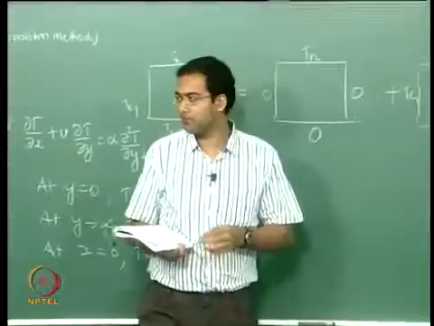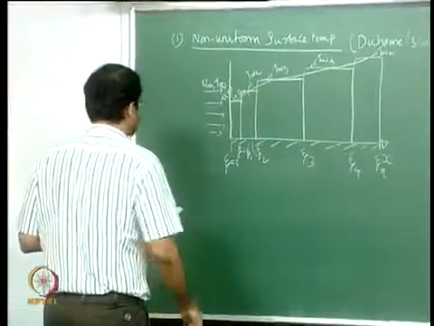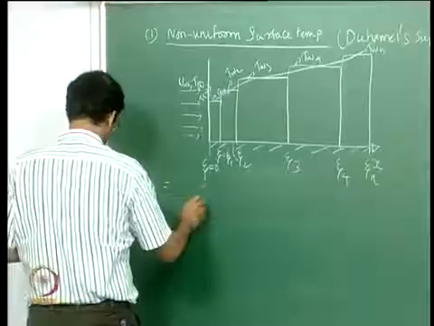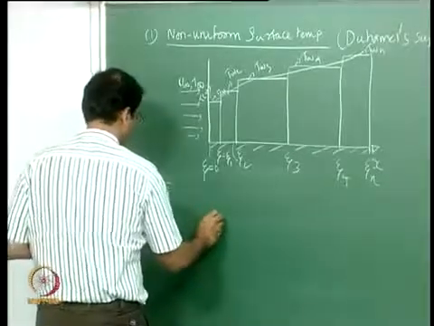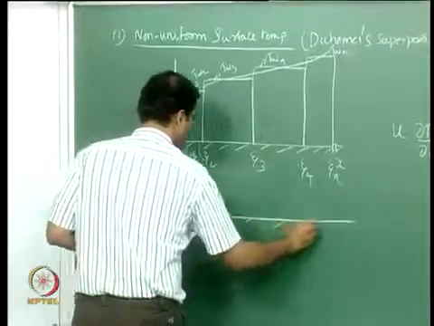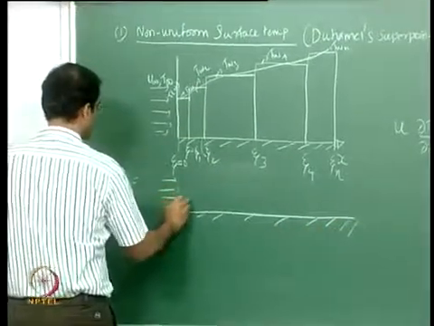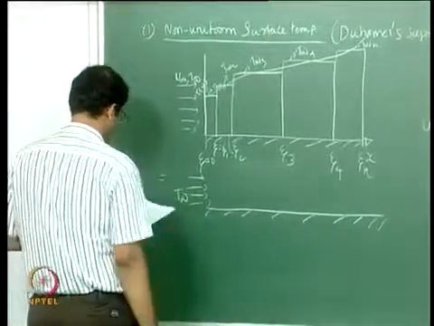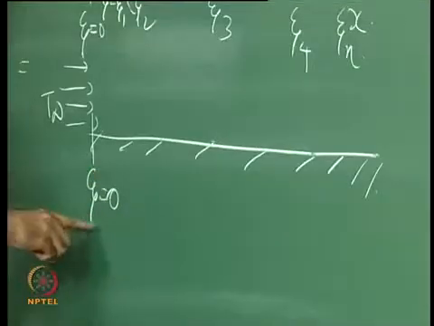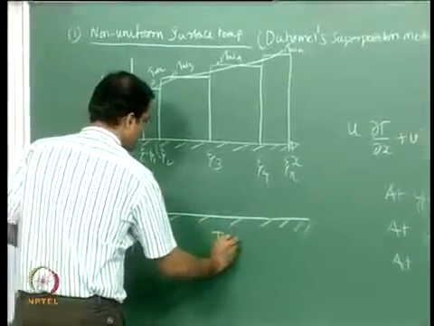You can do the same here also, and you can superpose the solutions. So the solution for this problem will be something like this: you take one problem where you have your free stream temperature T infinity, and starting from zeta equal to 0, the entire plate is maintained at temperature T wall 1.